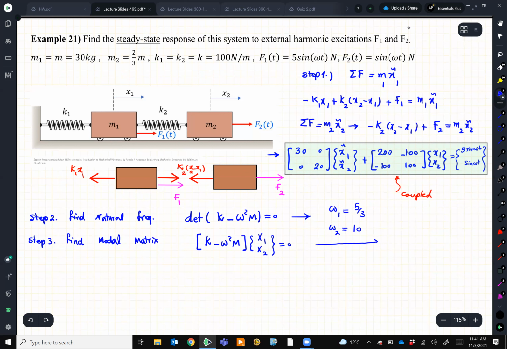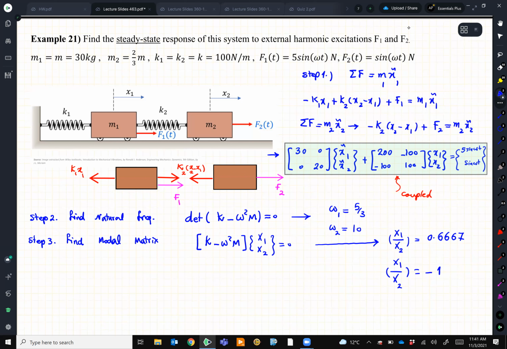From here, you will find the ratio of x1 over x2, which is 0.6667 and minus 1.